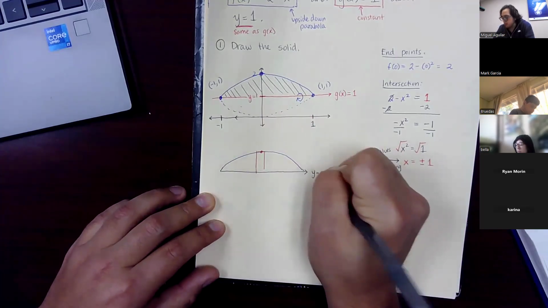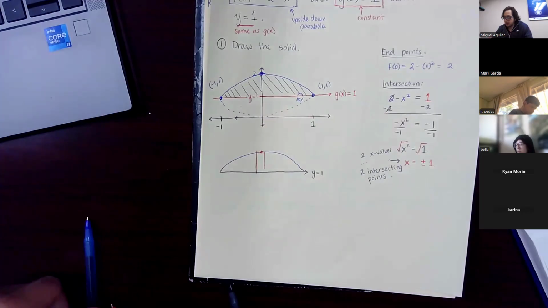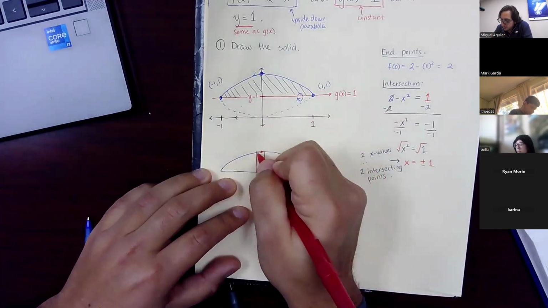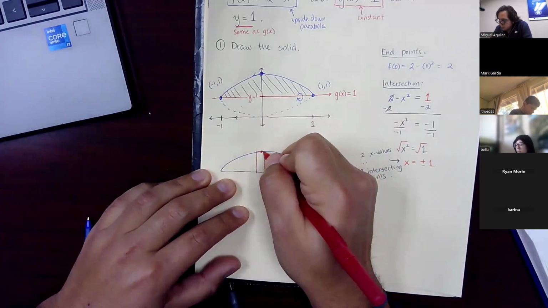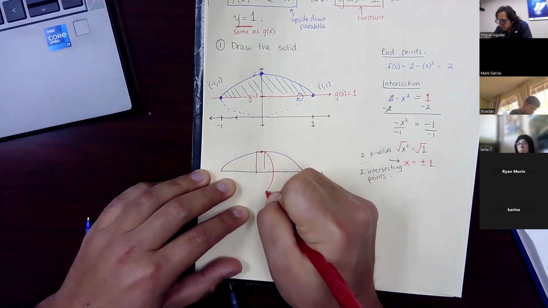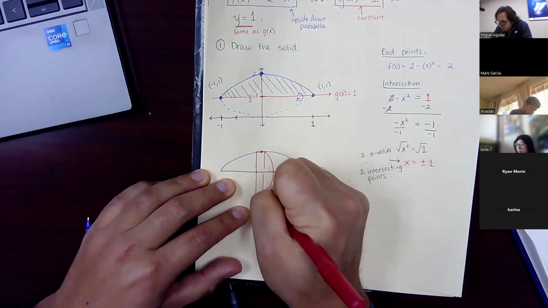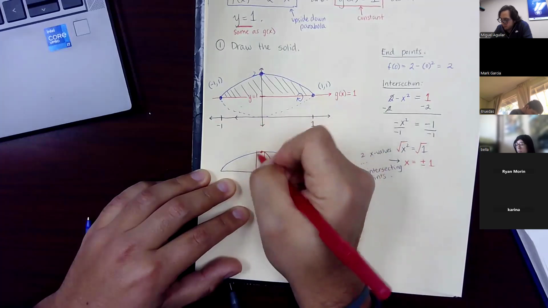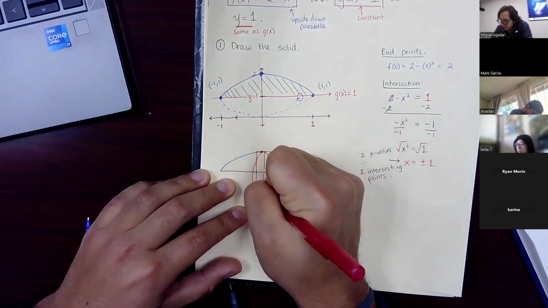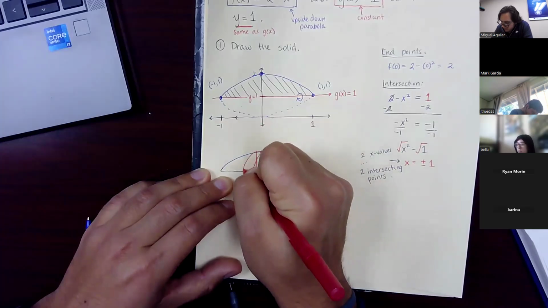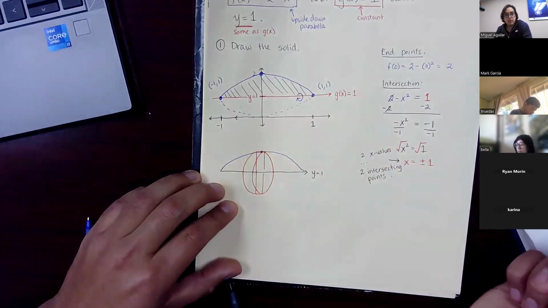This is y equals 1. And if we were to rotate this, we would get something that looks like this, sort of like this, right?